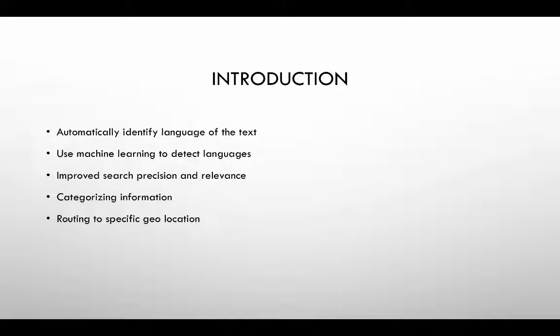For example, if you are at a multinational company and it has offices in different corners of the world, and let's say you're receiving a lot of emails that you need to automatically process and route to a specific head office, then what you can do is apply language detection and route a German document to a German HR office or a German accounting office, an Arabic document to an Arabic country, and things like that.